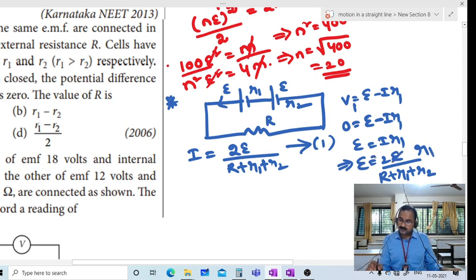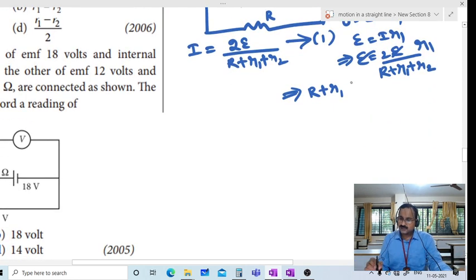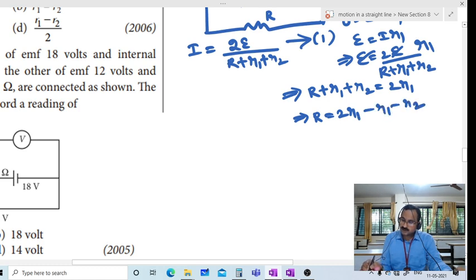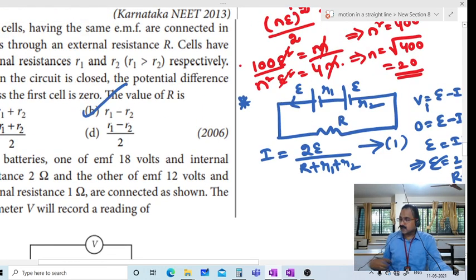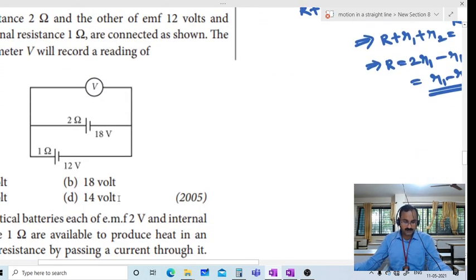E cancels, therefore R plus R1 plus R2 is equal to 2R1. So R is equal to 2R1 minus R1 minus R2, which gives R equal to R1 minus R2. That is the answer.